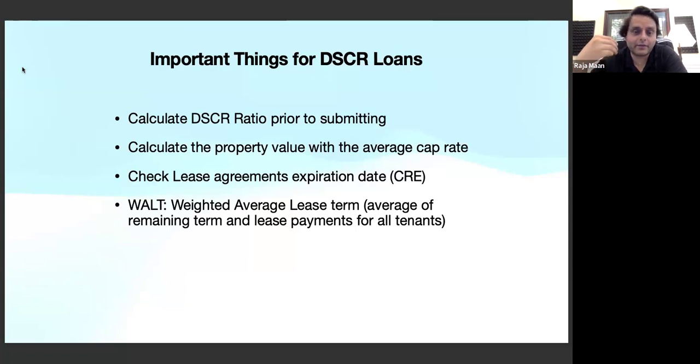If the expiration date is coming very soon, within 6 months or so, do they have an LOI or interest in the unit that's going to be vacant? Do they have any new lease agreements on those units? We have to see all of that, especially in commercial real estate.